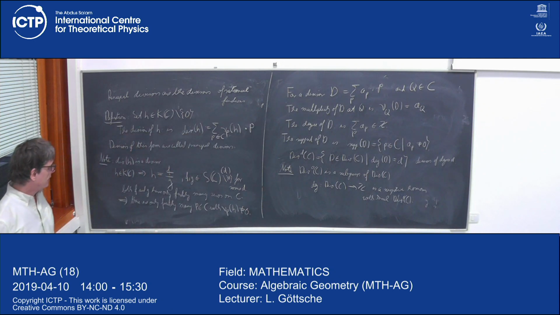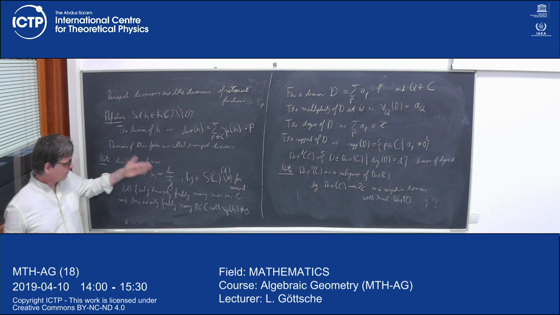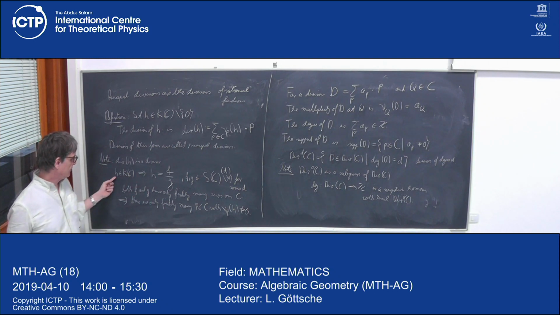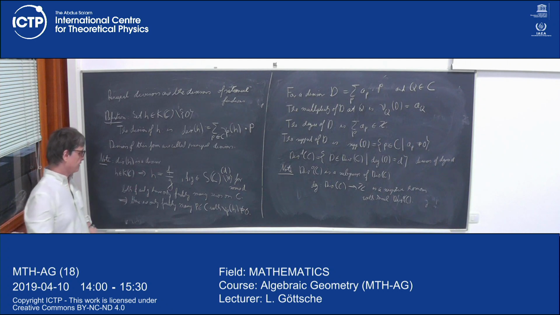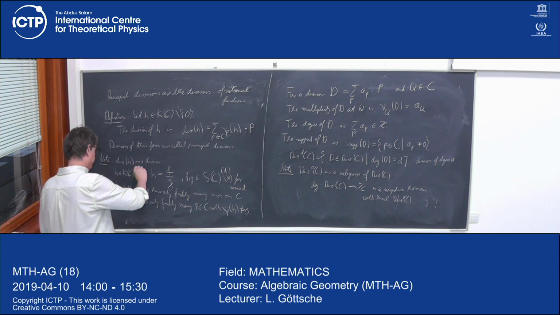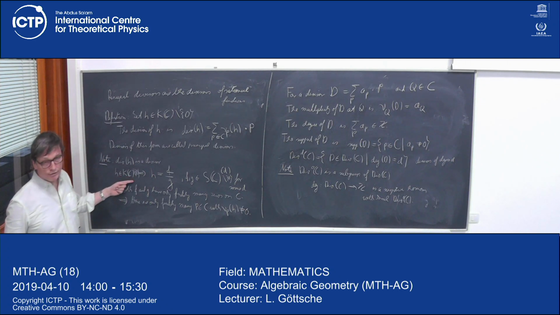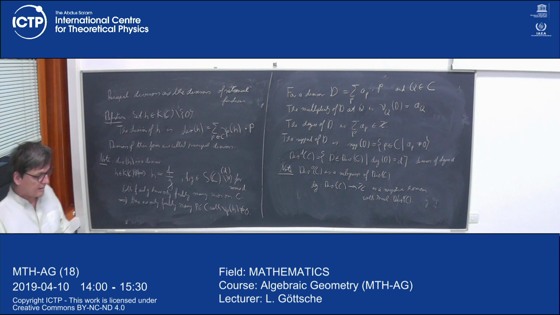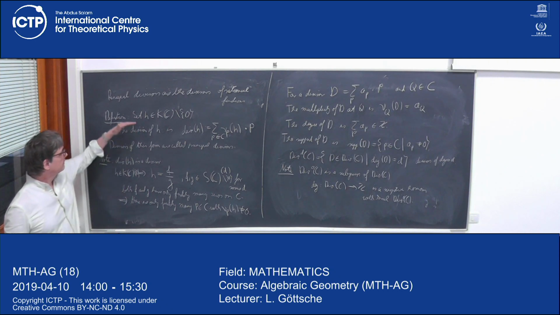And obviously at each local ring, at each point, this H is an element in K(C) without 0, so we know that mu_P of H at the point is some finite integer. Okay, so this defines it: the divisor of a rational function is a principal divisor.